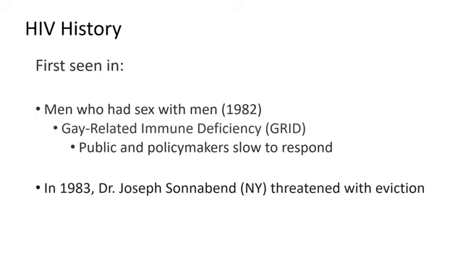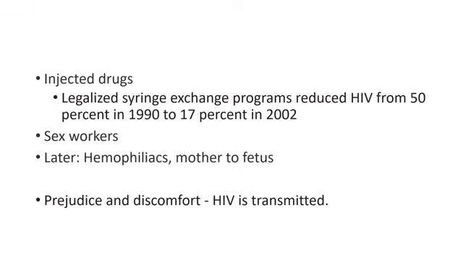People were still in the closet, and it just wasn't given very much attention as far as funding and anything that would help to increase the knowledge about the disease. In fact, in 1983, a doctor in New York was threatened with eviction for treating HIV patients. In his building, they were like, get these people out of here. That's a very unfortunate fact of our history.